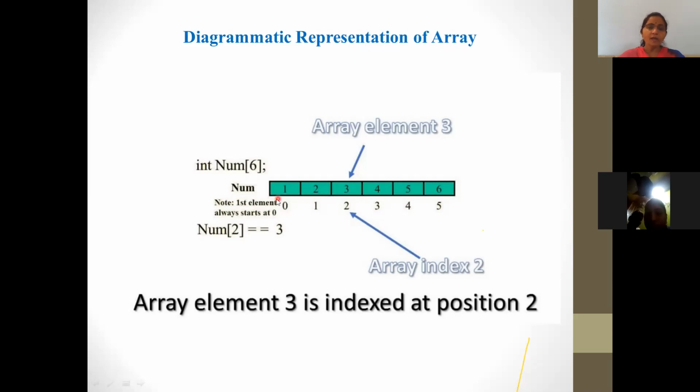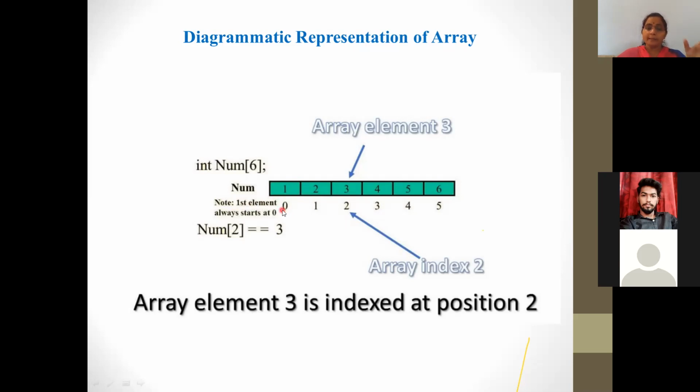Always remember one very important thing: the first element always starts at the zeroth location. Internally in the computer's memory, the first element of the array always starts at the zeroth location.